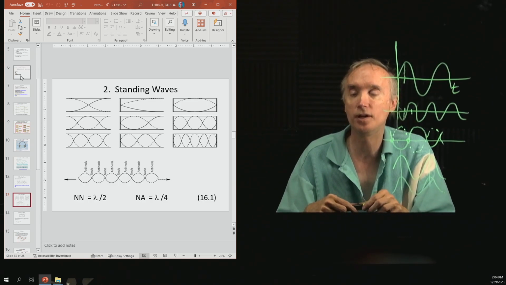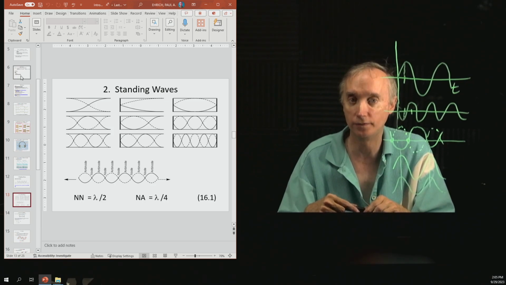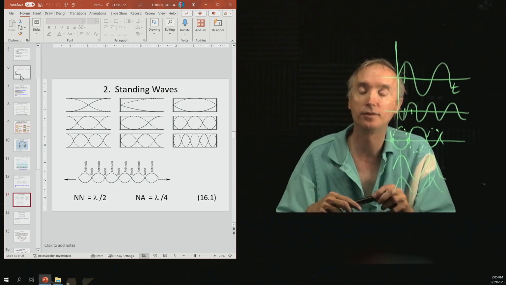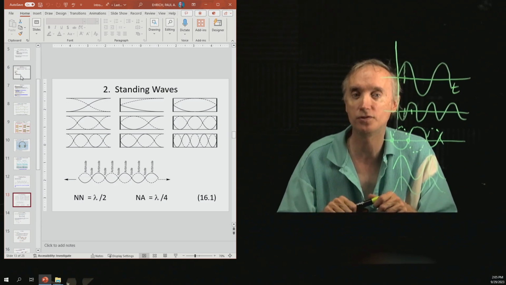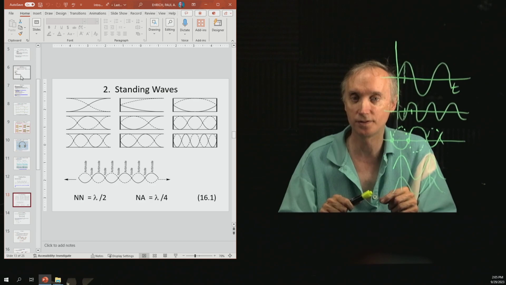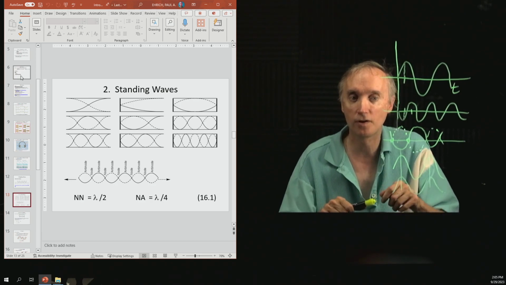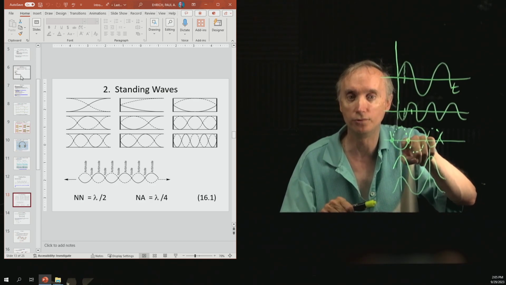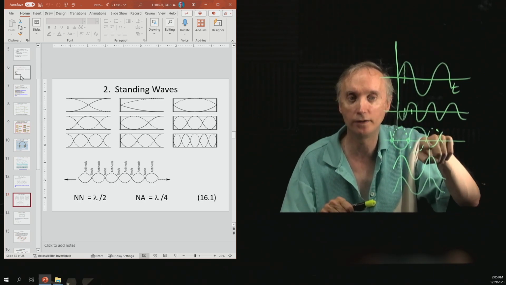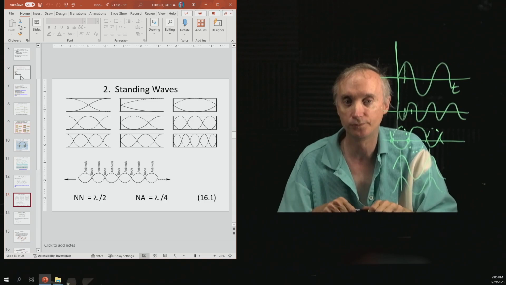And so you can see that you can have different standing waves set up in each case. There is a relationship between the distance in meters from a node to a node, and that's equal to the wavelength of the wave divided by 2.